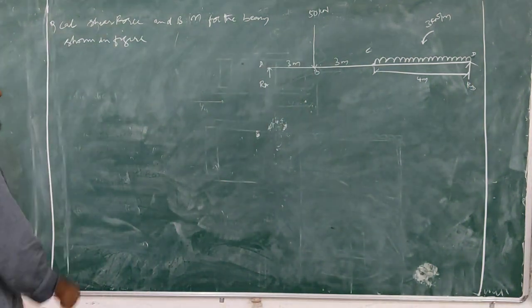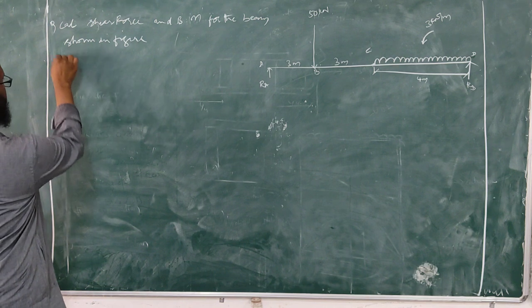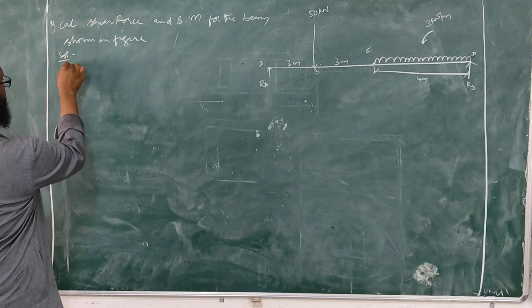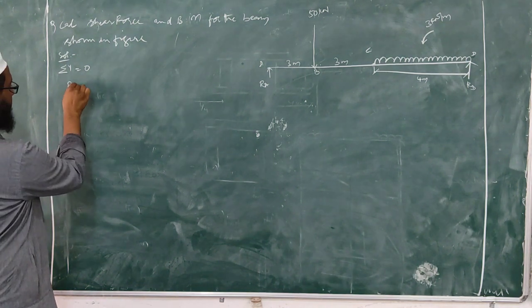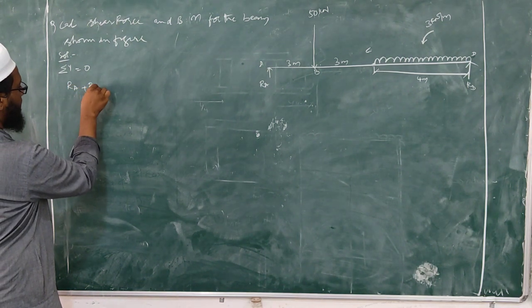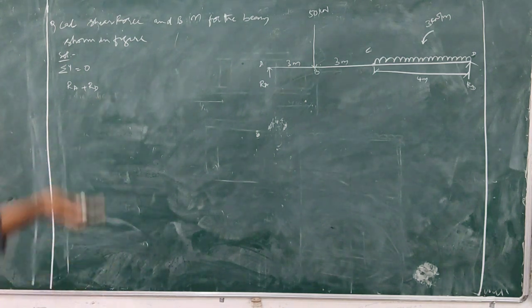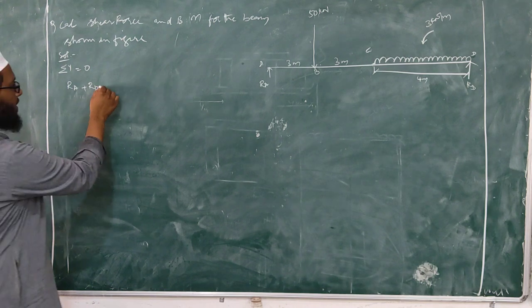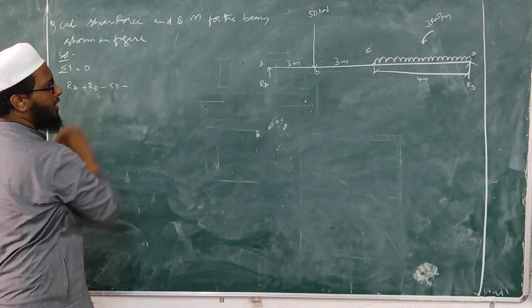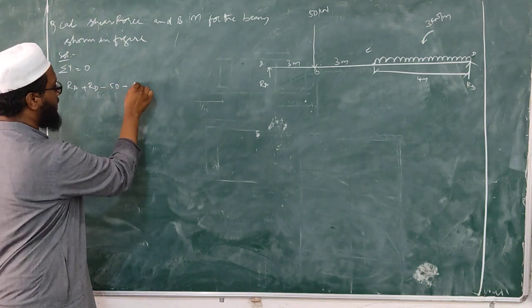How will you calculate RA and RD? We have equilibrium equations. Solution: sigma Fy is equal to 0. All the forces are vertical, acting upward and downward. So we can write RA plus RD, two forces going upward, minus 50 and minus 3 into 4, which is 12, isn't it?